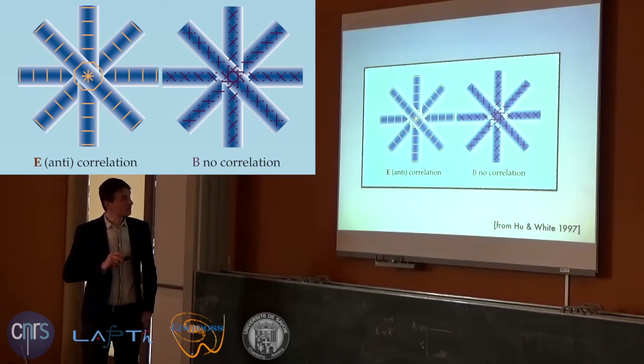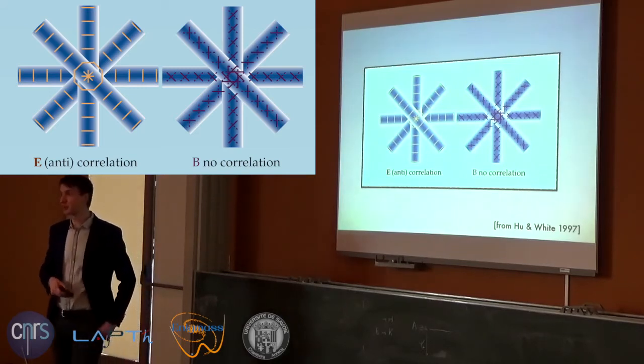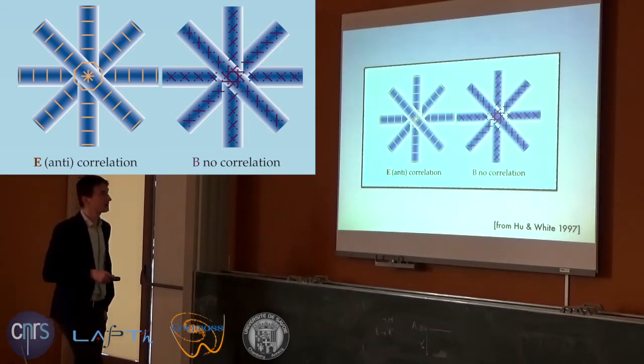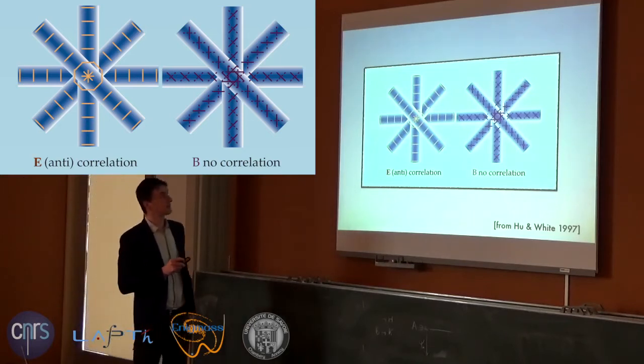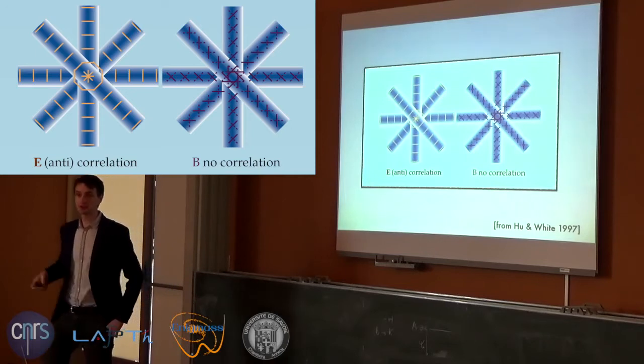The B-type polarization, which is rotated 45 degrees with respect to the E-type polarization. I didn't explain why, but please take for granted that it does. This cancels out when it comes from the scalar field. And this is as simple as saying that the temperature field is a scalar quantity. You have one value at each point in space-time.